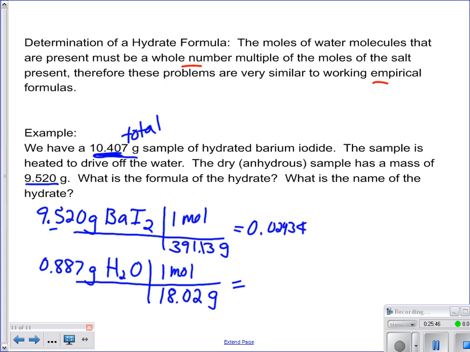Sorry for the messiness. And 0.04922. Those are moles of barium iodide and moles of water that we just got. So step 1 has just been done. Step 2, divide each of those by the lowest number, which you expect to be the salt.